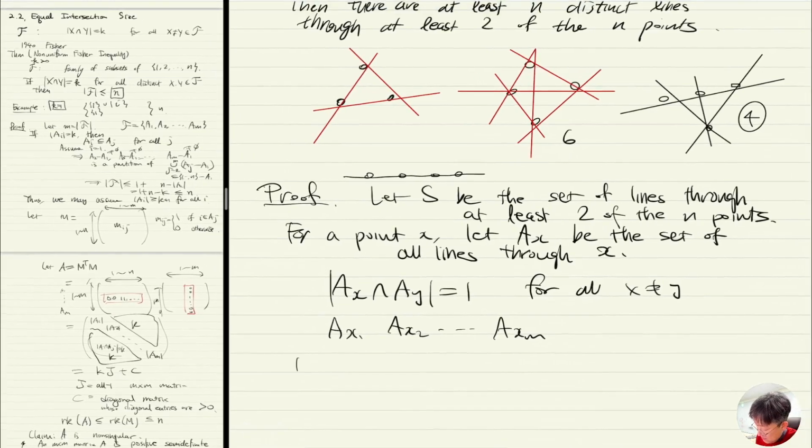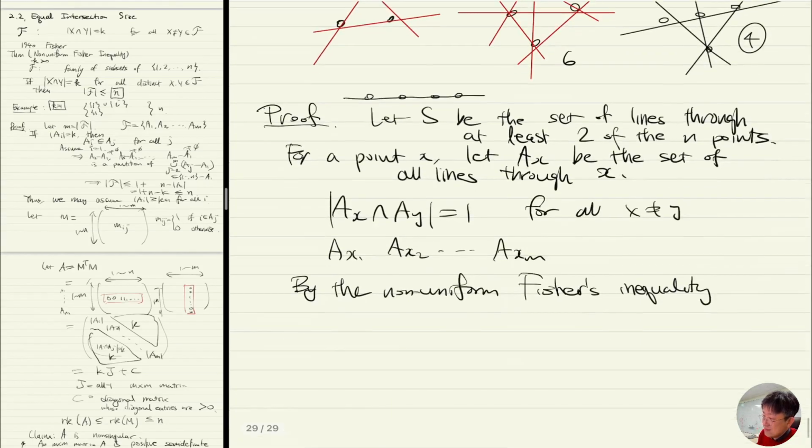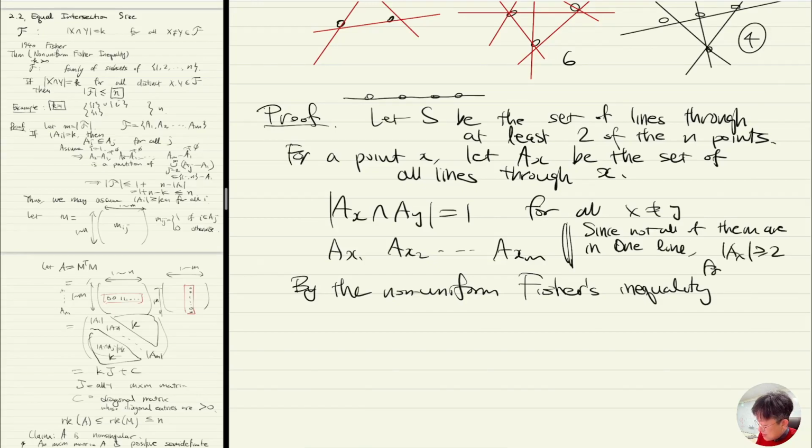So by the non-uniform Fisher's inequality, oh, I should also say that these are distinct. Since not all of them are in one line, A_x is at least 2 for all x.